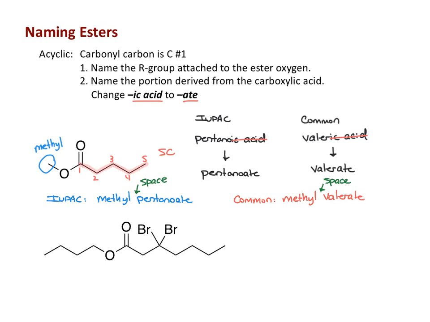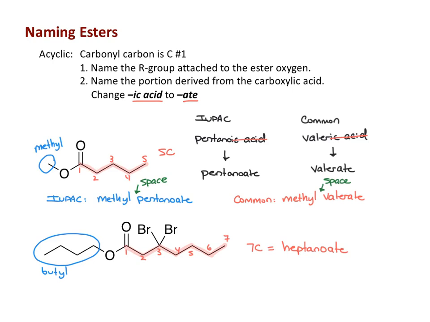Let's do this slightly more complex example. In this case, our group attached to the ester oxygen is 4 carbons, so that's a butyl group. Then we have our parent chain, and if we number that, we have 7 carbons. 7 carbons comes from heptanoic acid, but instead of ic acid, I'm going to add ate as the ending.